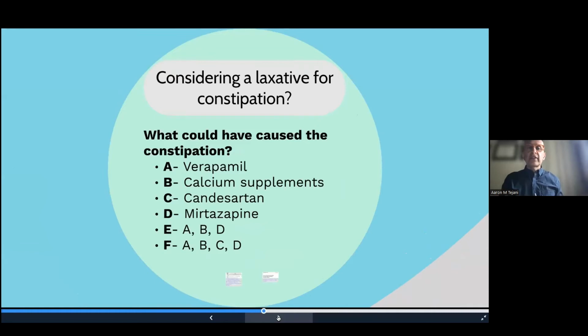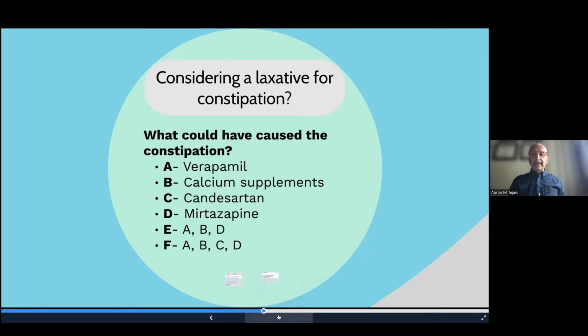Okay, the next question: considering a laxative for constipation, what could have caused the constipation? We've got verapamil, calcium supplements, candesartan, mirtazapine, or a combination of A, B, and D, or all of the above. Anyone willing to venture a guess? No takers this time?